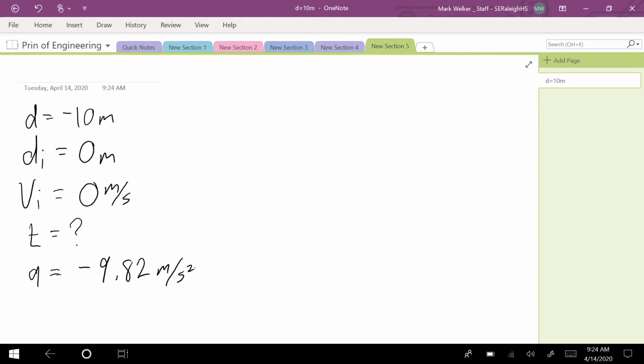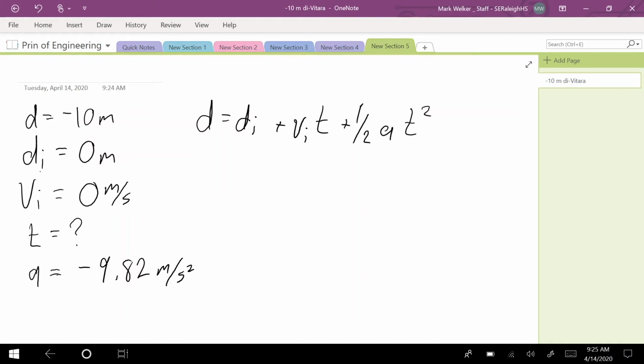So when we start pulling in the equation, we're going to write it out to go ahead and just show you something. D equals di plus vi times time plus 1/2 times acceleration times time squared.